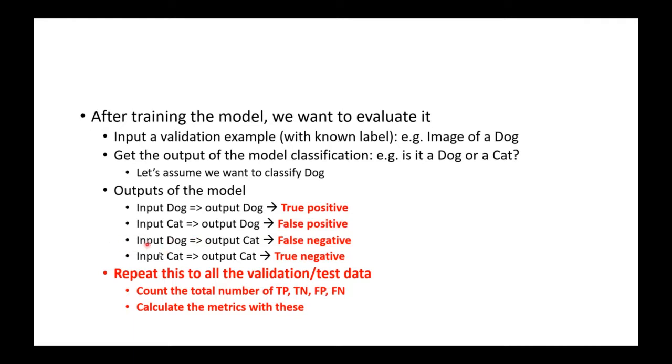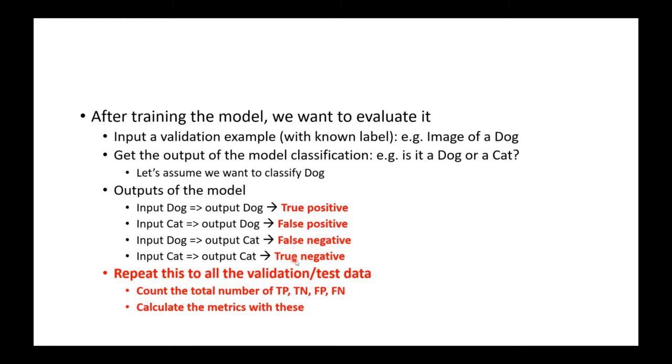I can have it the other way around. The input is a dog, but the output is a cat. So the system sent a negative answer, this is not a dog, but that's a false negative answer. So this is a false negative. And the input could be a cat, and the output a cat.